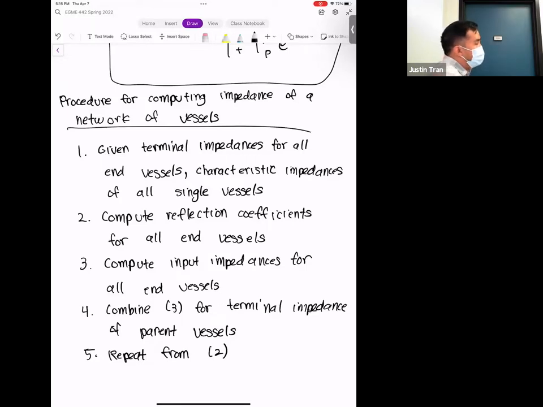For the parent vessels, you can compute the reflection coefficient. From the reflection coefficient, you can compute the input impedance. And from the input impedance, you can combine that to form the terminal impedance of whatever comes next in the tree. And so this is a recursive algorithm. You cycle up just like that, and you keep repeating this until you get the input impedance at the very beginning of the tree, which is often what you're most interested in.